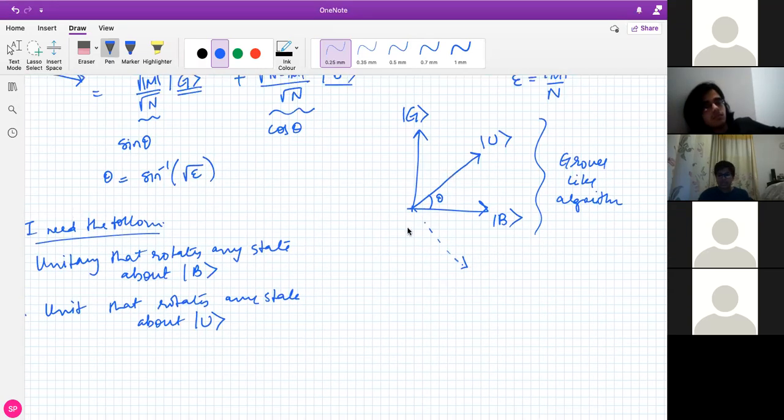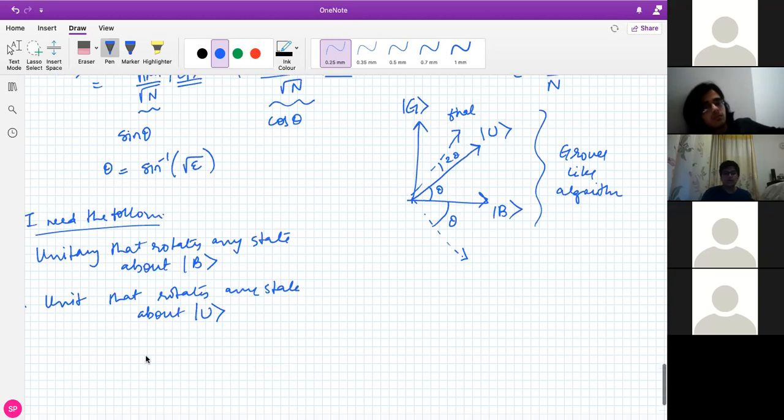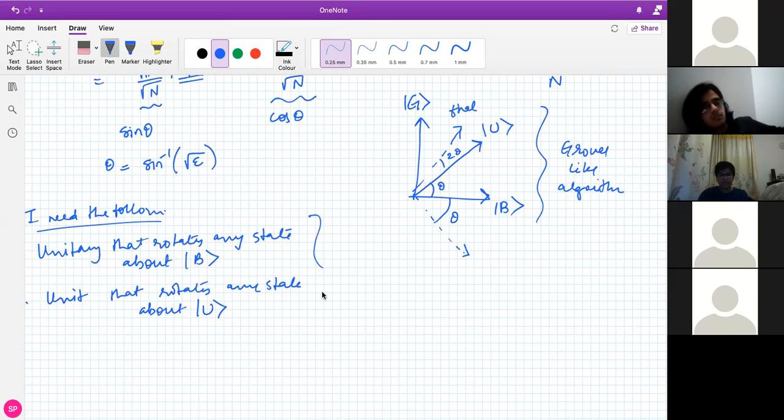If I make this kind of rotation, I'm effectively changing the angle. So this is my final state after one such rotation by 2 theta. Okay. So if I do this k times, then I'm effectively getting this out.